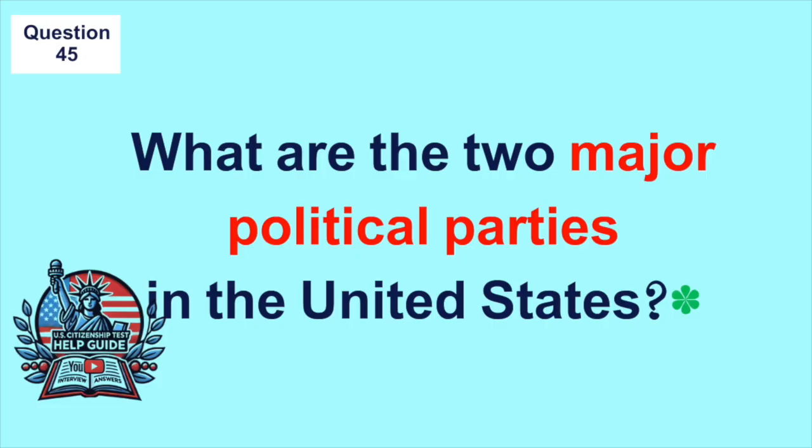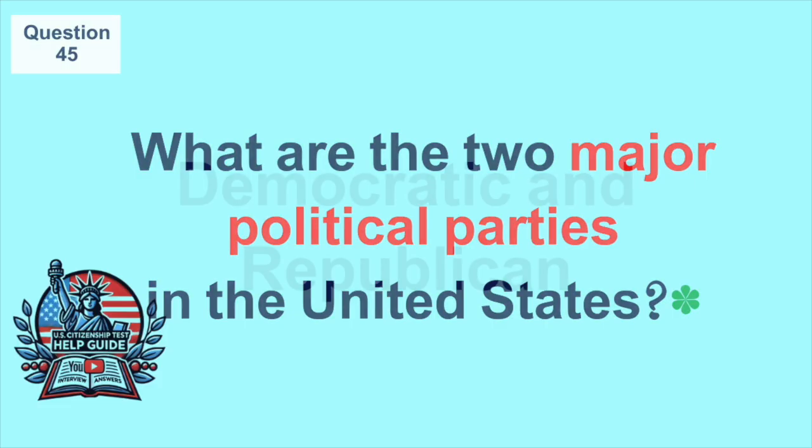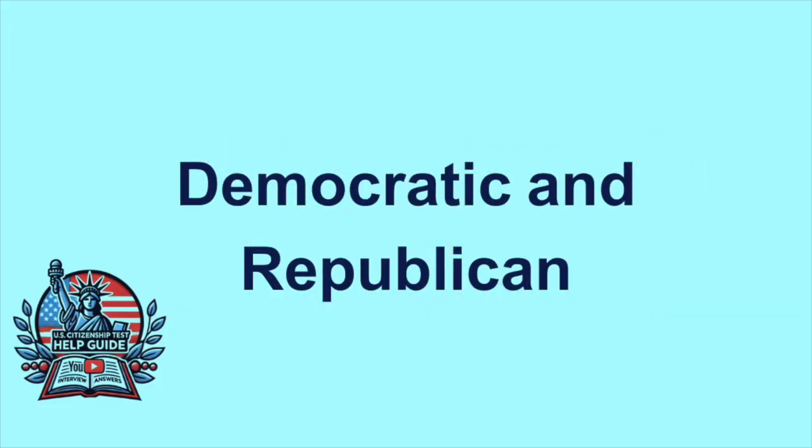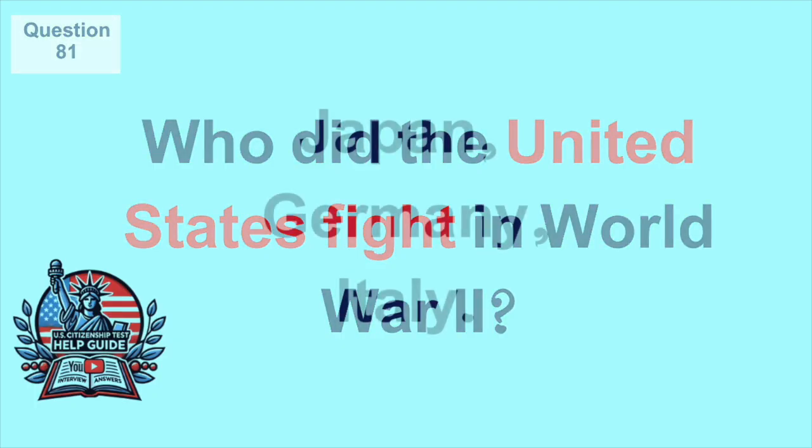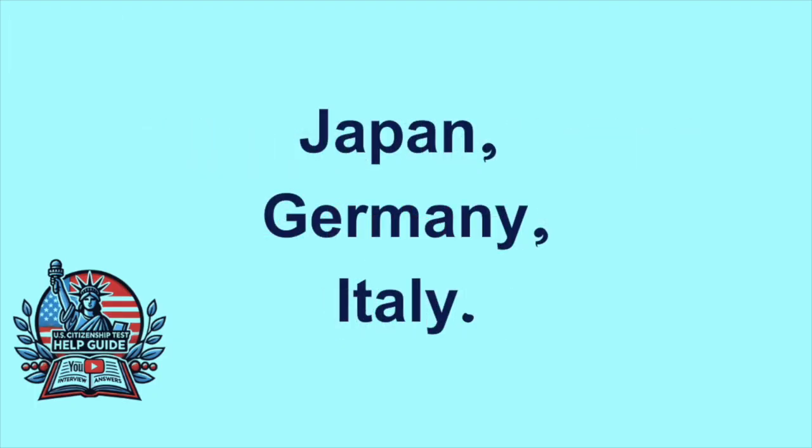What are the two major political parties in the United States? Democratic and Republican. Who did the United States fight in World War II? Japan, Germany, and Italy.